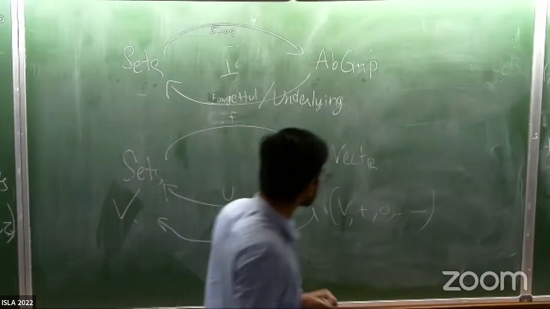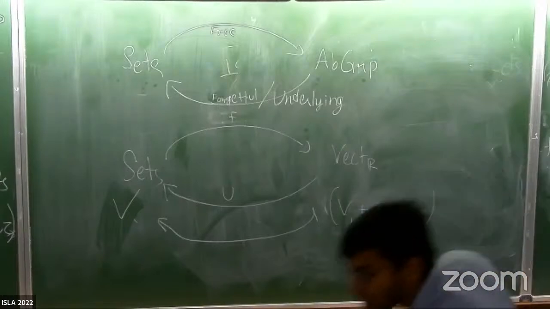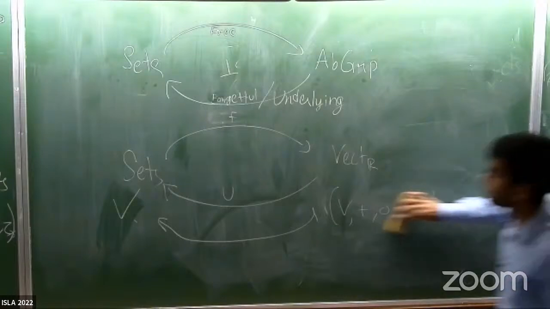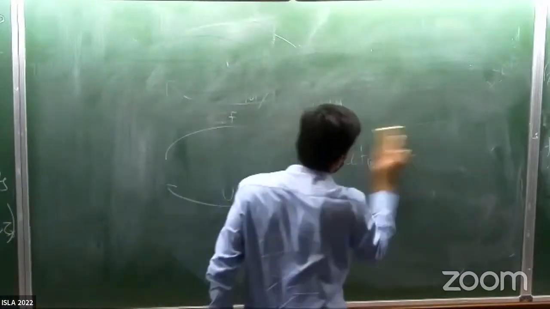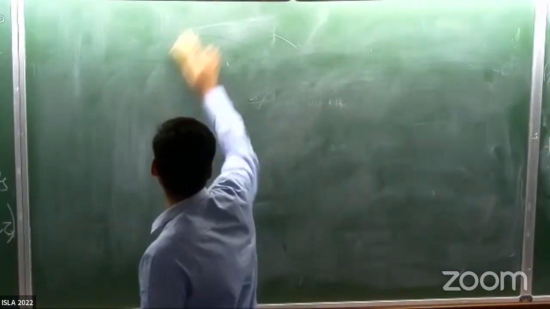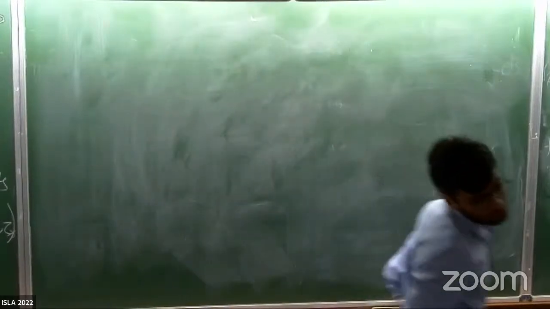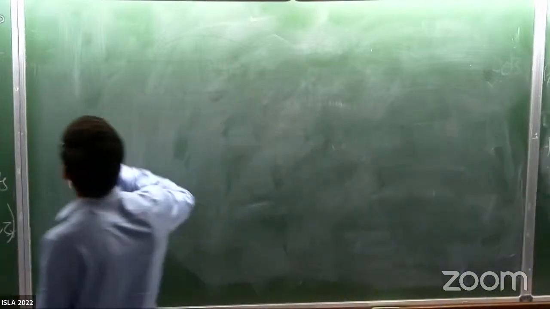Okay, so in the rest of the time, let me give you some examples of adjoint functors, which is something very much in the line of what we've been looking at for the past day. The first example is from topology.